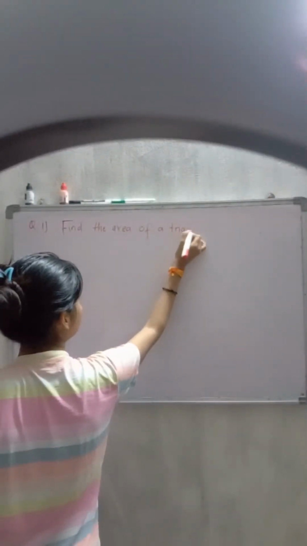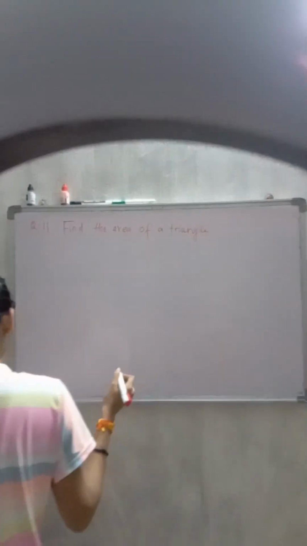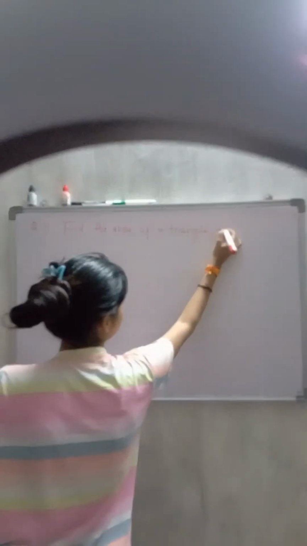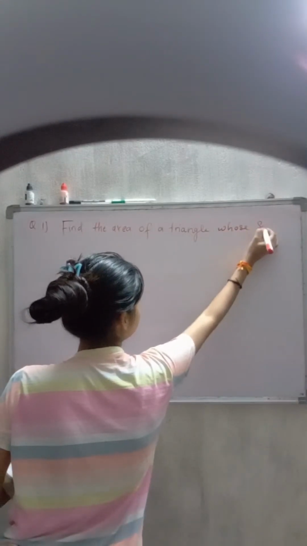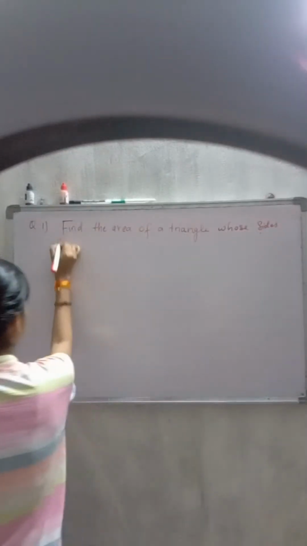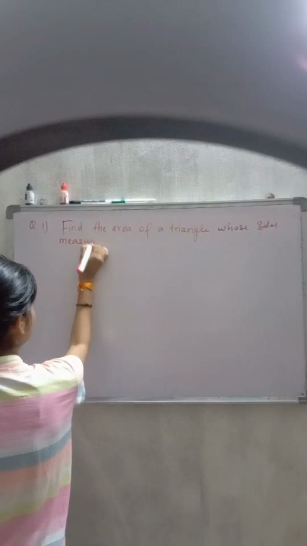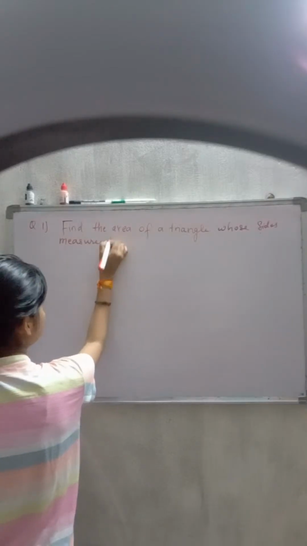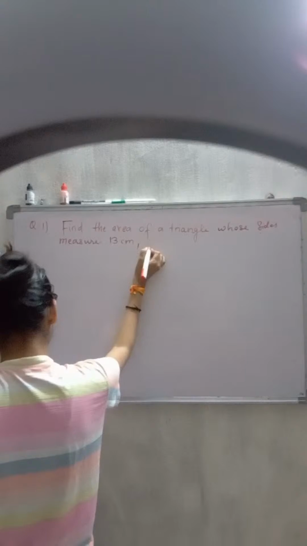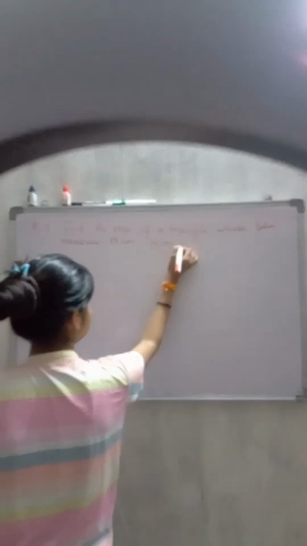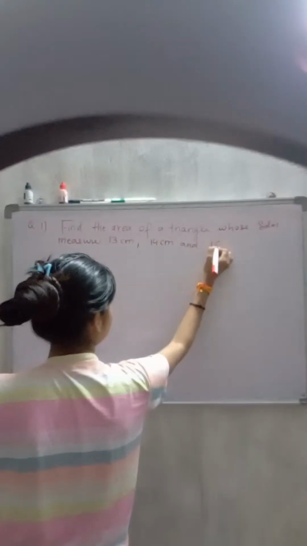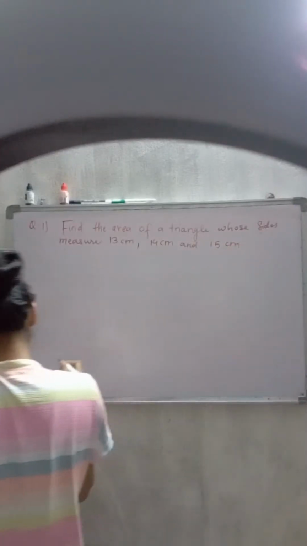Find the area of a triangle whose sides measure 13 centimeter, 14 centimeter and 15 centimeter.